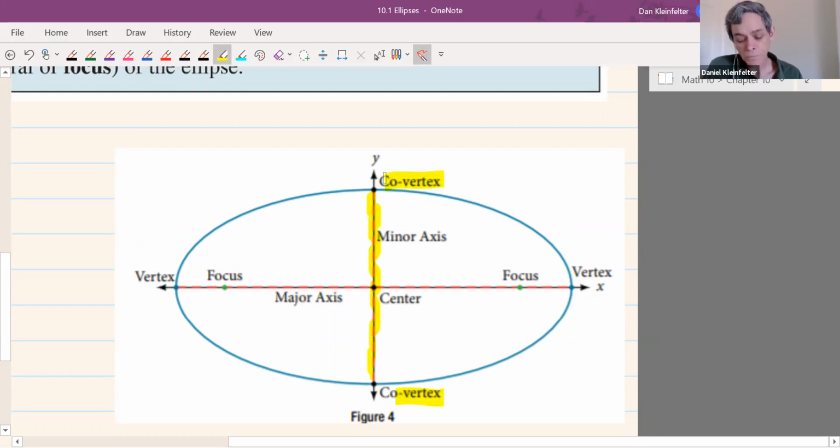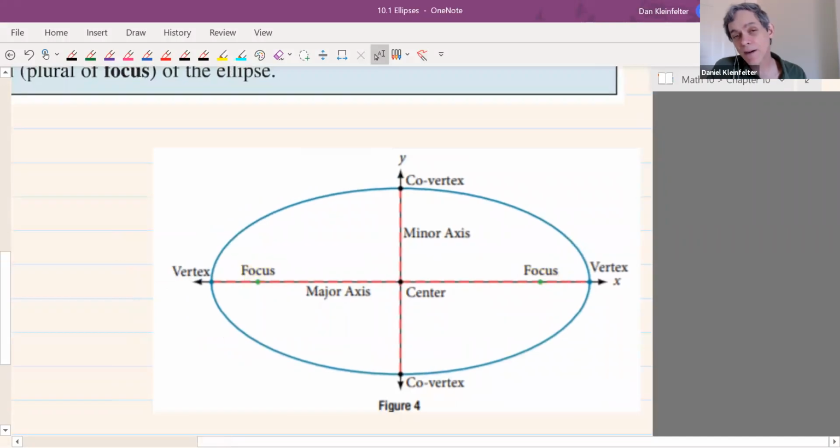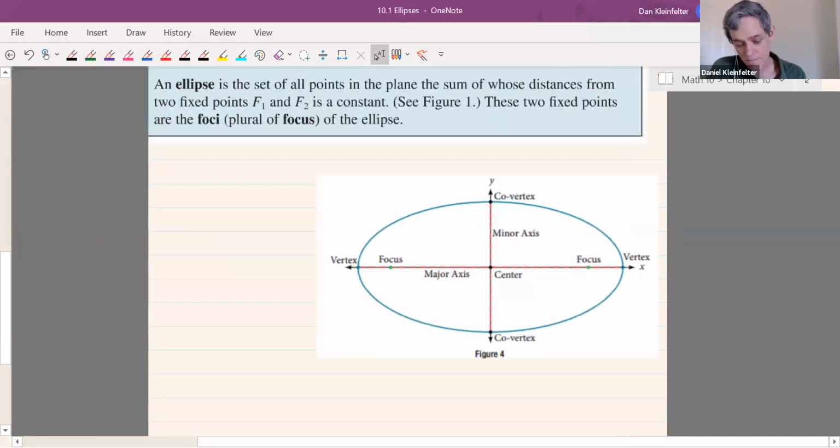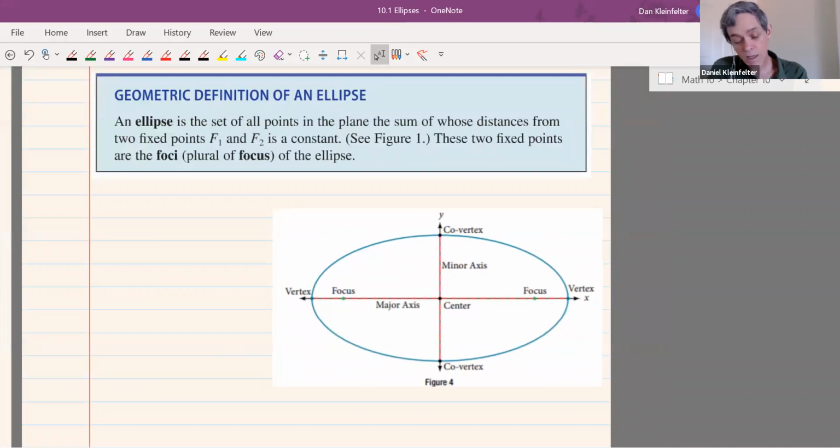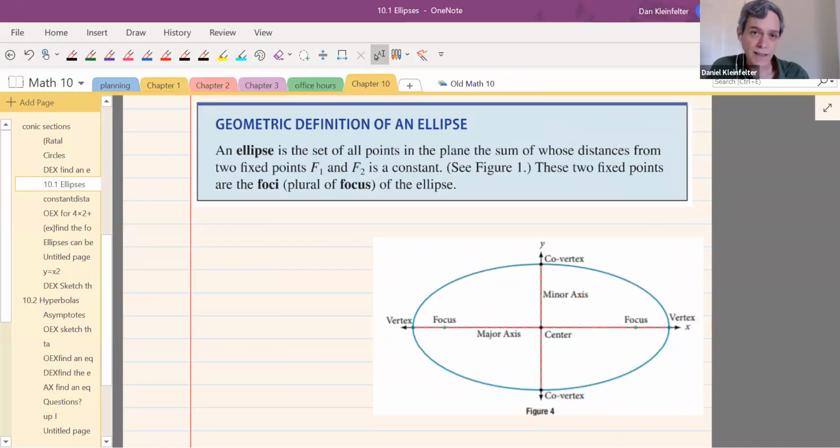And then of course we have our foci in the picture as well. So major axis, minor axis, foci. Vertices are the endpoints of the major axis, and the co-vertices are endpoints of the minor axis. All right. So next we're on to look at the equation for an ellipse.